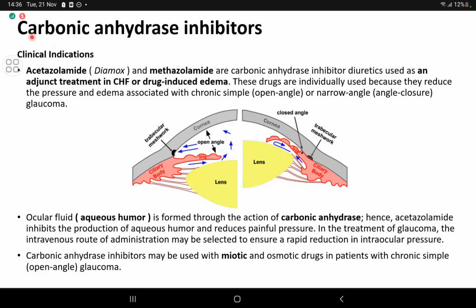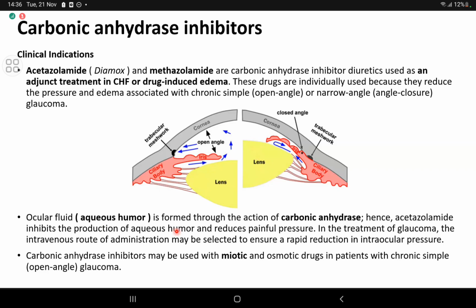So the function of carbonic anhydrase is to produce water, known as aqueous humor. If you are able to inhibit carbonic anhydrase, you decrease the production of aqueous humor, meaning that you are able to control the pressure of your eyes.